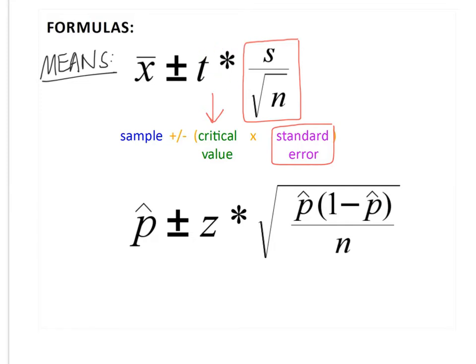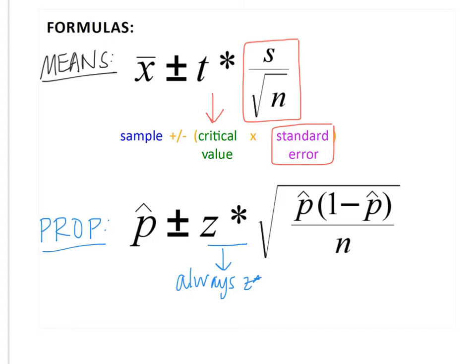So for proportions, we have p hat plus or minus z star. For proportions, it's always z star. Means, sometimes it's t star, sometimes it's z star, like we're going to see in a minute.